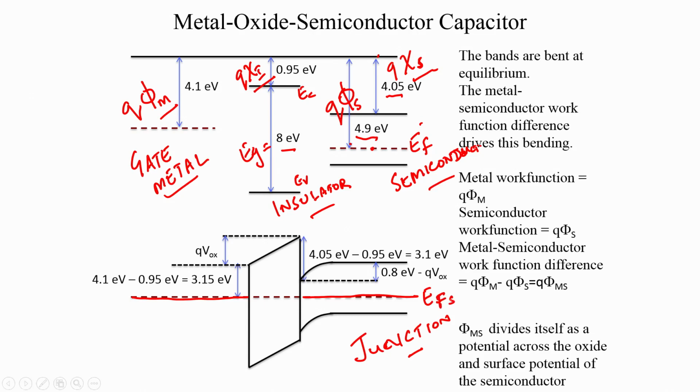And since there was some work function difference between the metal and the semiconductor, in order to align these two Fermi levels, there has to be some residual voltages, okay, because charge has been transferred, and in this case charge has been transferred from the metal to the semiconductor.